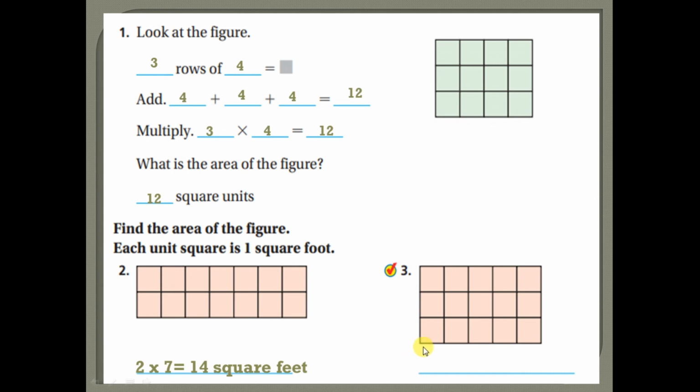The number of rows, 3, multiplied by the number in each row, 5, equals the product. What is the product here? Let's say timetable 3 until we reach number 5. 3, 6, 9, 12, 15. So the answer will be 15. And the unit here is square feet.